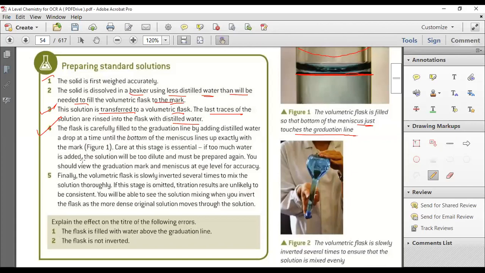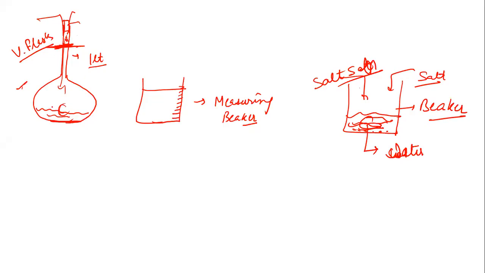Any doubt up to this point? Now the flask is carefully filled to the graduation line by adding distilled water, a drop at a time, until the bottom of the meniscus lies exactly on the mark. Now you need to fill this up to this mark.